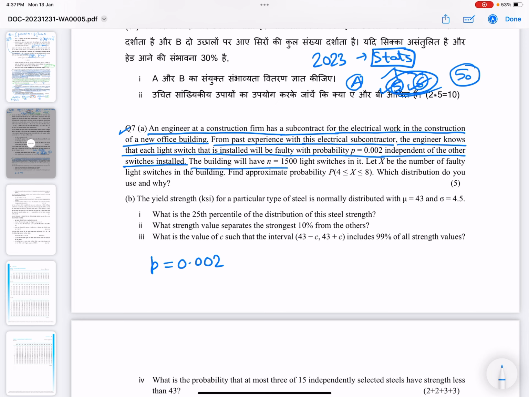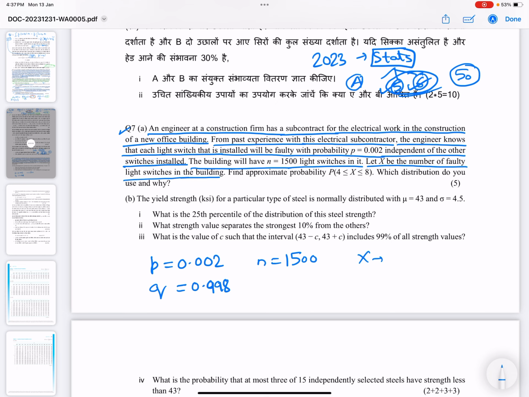The building will have n equals 1500 light switches in it. So it is given to us n is 1500. If p is this, q becomes 0.998. Let X be the number of faulty light switches in the building.